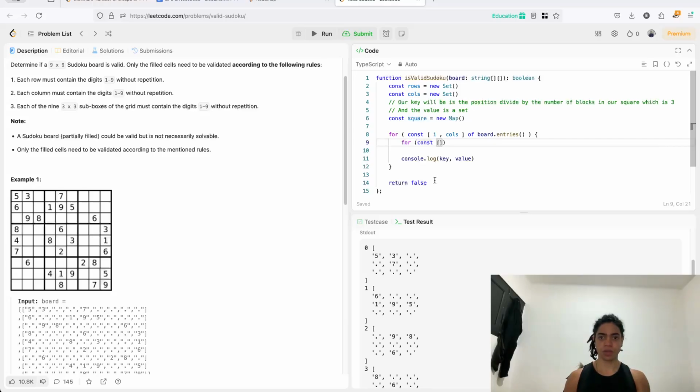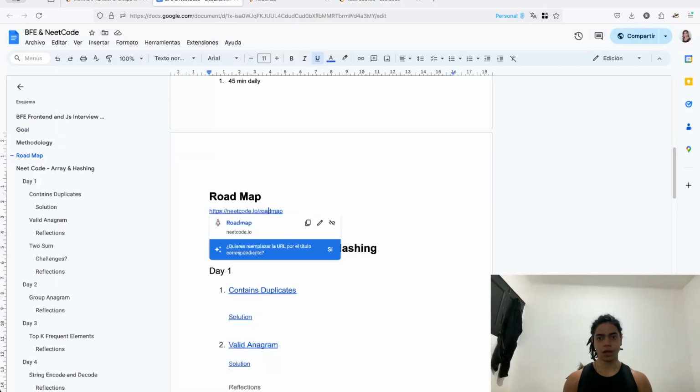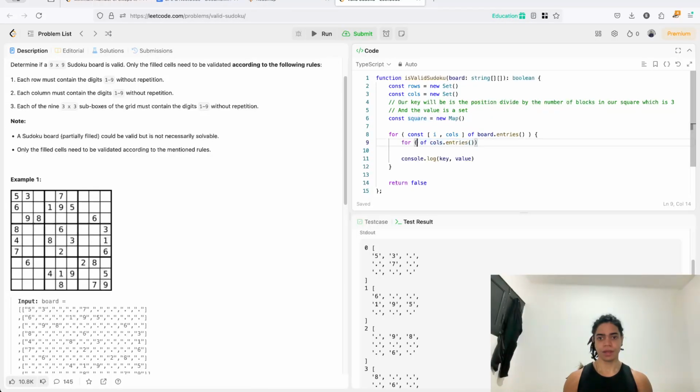In this case, yeah, that's right. But in this case I want you to iterate, since after all this is an iterable, using the iterable protocol, which means that we're going to use the for of syntax, and it's in here that I want to get the value of that position, which is the index, as well as the number here.